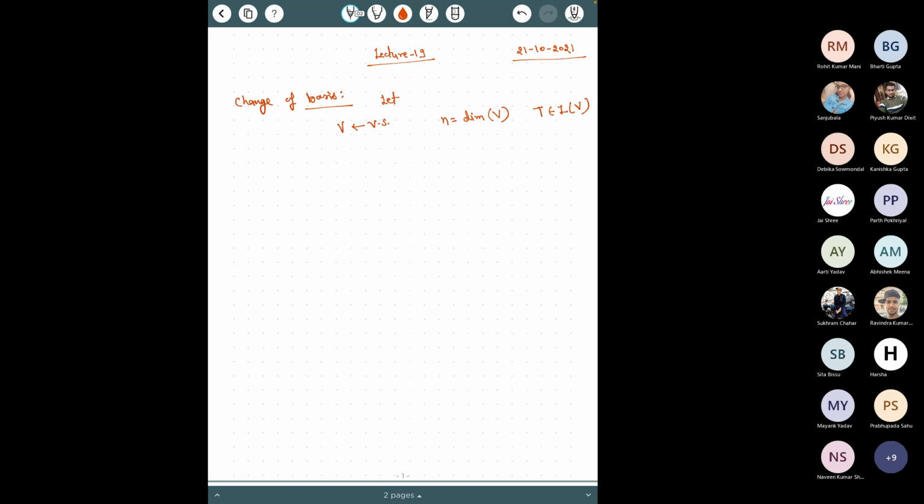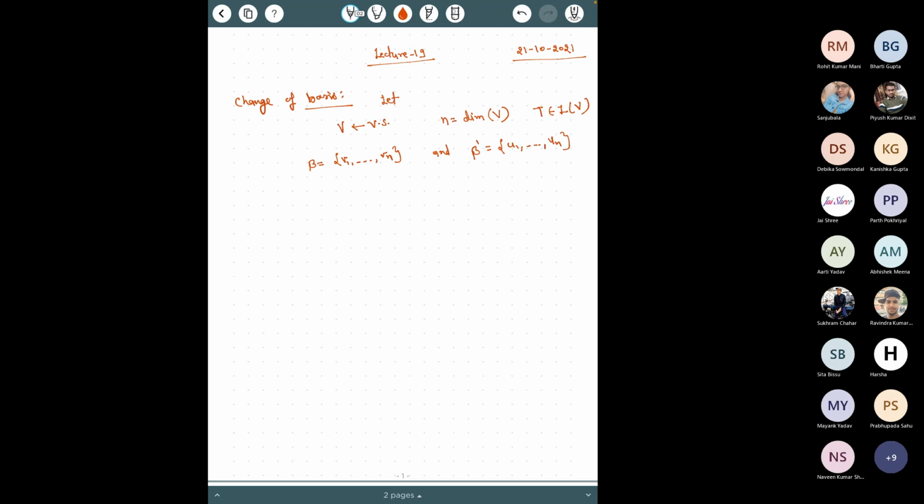So let's say we have two bases. Let us call the first one B, where the vectors are denoted by V1 to Vn, and the other one is denoted by B dash, and the vectors are denoted by, let's say, U1 to Un.